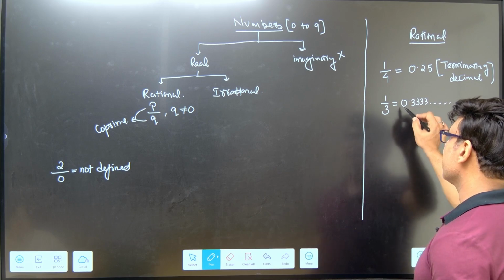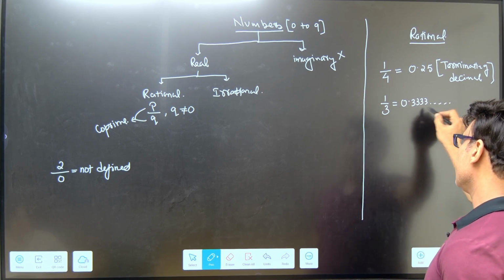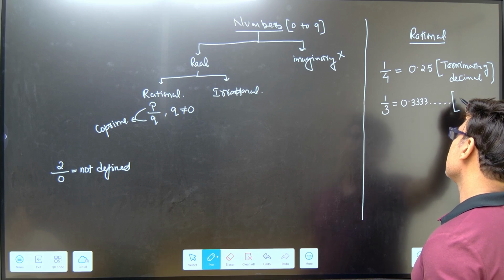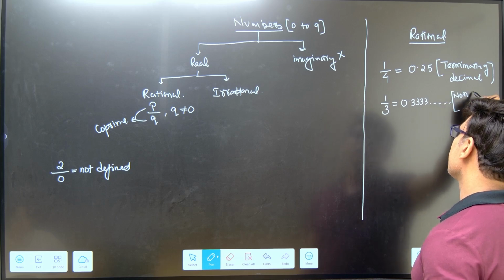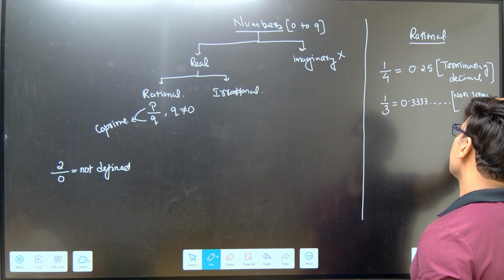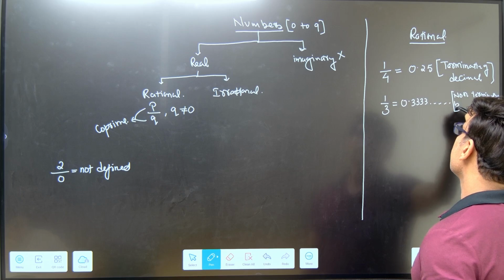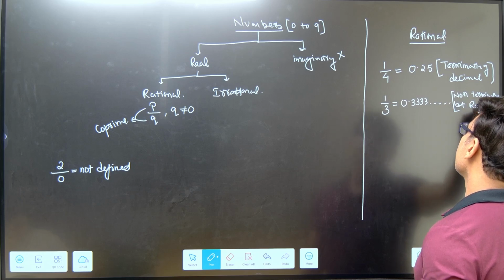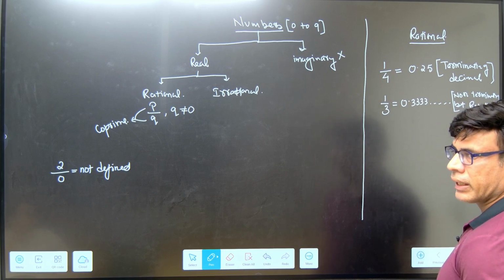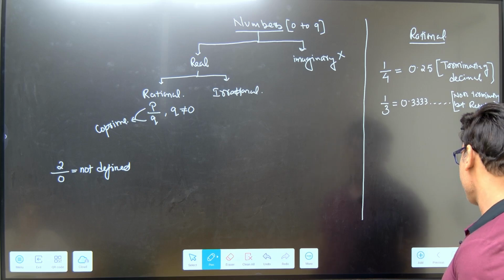While if you look at the second number, it is not coming to an end, dot, dot, dot, dot. So this is called non-terminating but repeating. Repeating is also called recurring, which recurs.